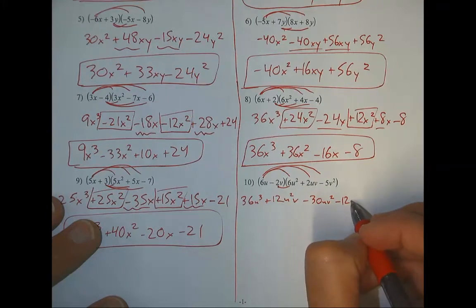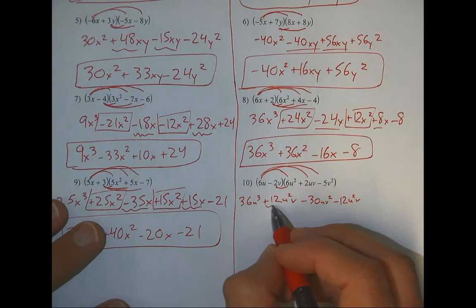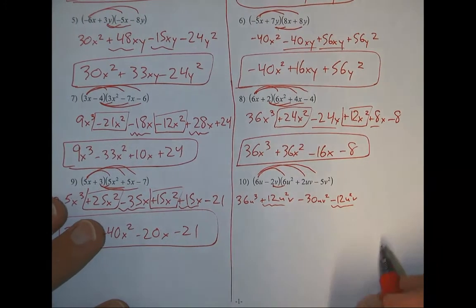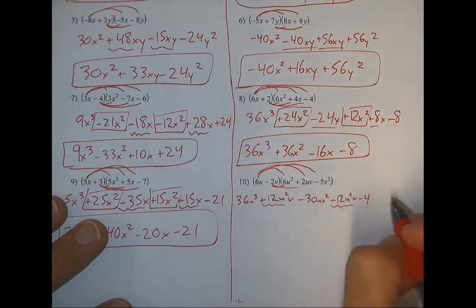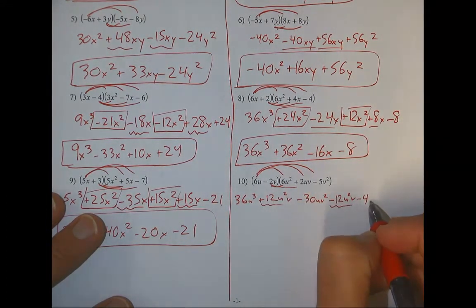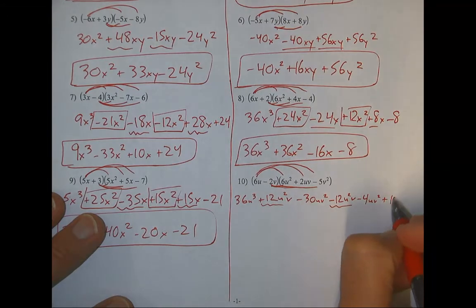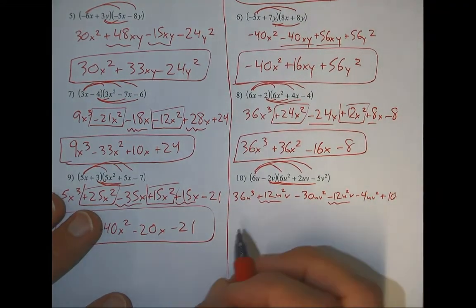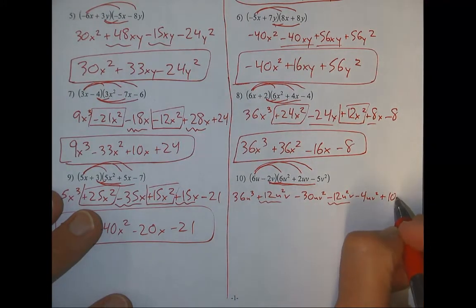U squared and v stay separate, so that'll combine with this. Multiply here, that's negative 4. The u is going to stay, and it's going to be v squared. And then here, it's positive 10. V times v squared is v to the third.